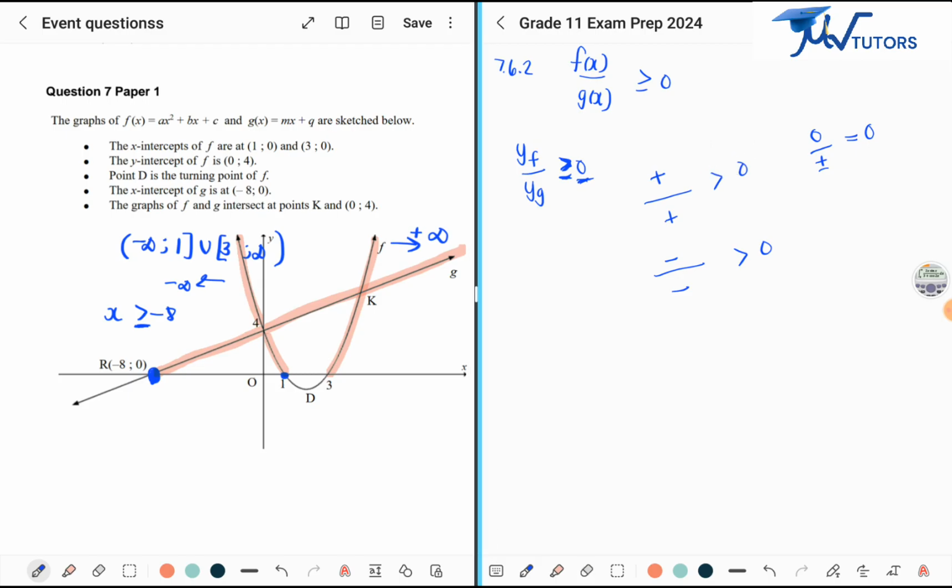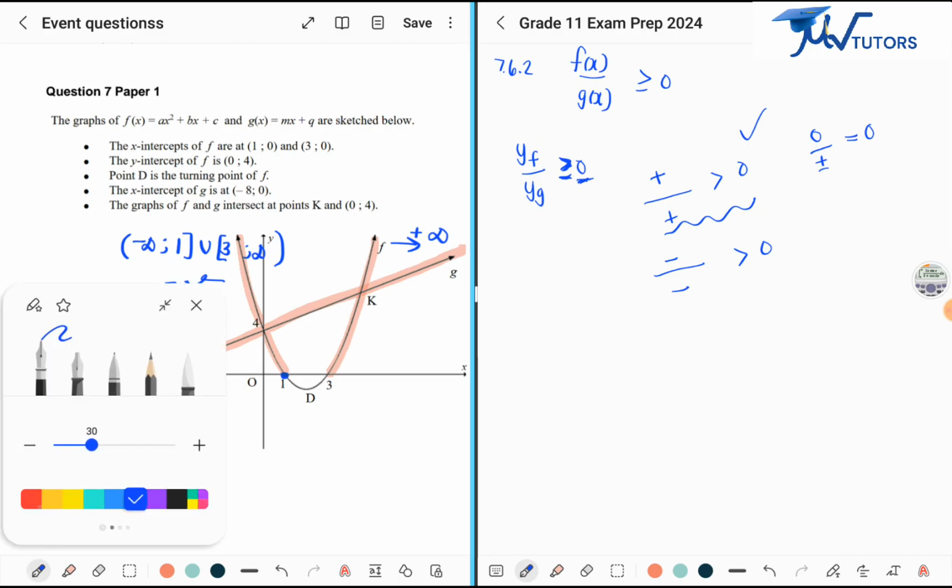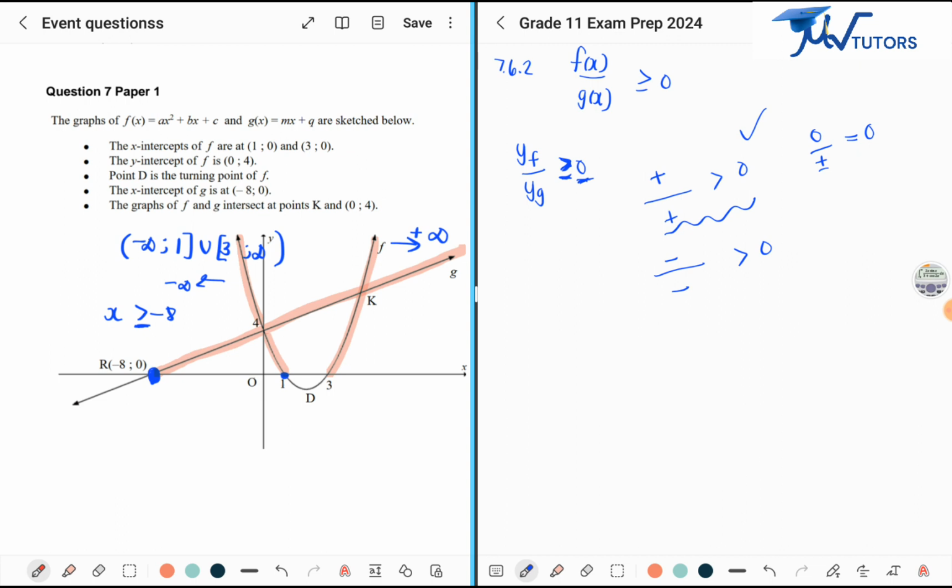So this scenario over here works. Now let's have a look for a point where we have negative over negative. We know that we have negative values for g from negative infinity up until negative 8.